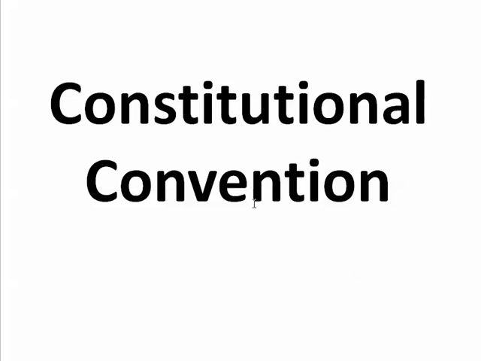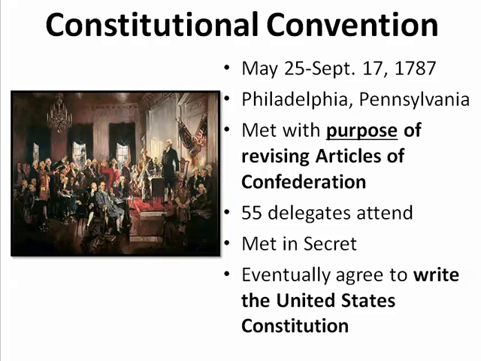At the Constitutional Convention we talked about in the last video, the convention in Philadelphia was held from May to September 1787, and they met in secret. They eventually drafted and signed the United States Constitution, but one of the things they had to do is ratify it.